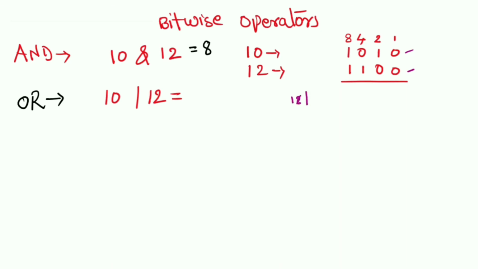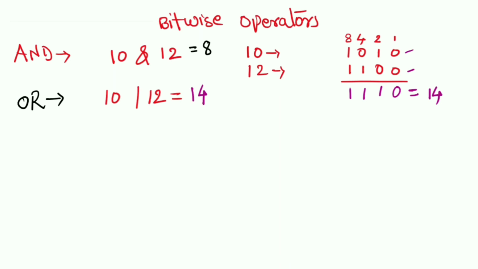Whenever we are doing ORing, if one of the bits is 1, then the answer will be 1. Here both the bits are 0, that's why I will get 0. Here one bit is 1, that's why I will get 1. Here also I will get 1, and here both the bits are 1, that's why I will get 1. So the binary equivalent of this is 8 plus 4 plus 2, that is 14. That's why the answer I will get here is 14.